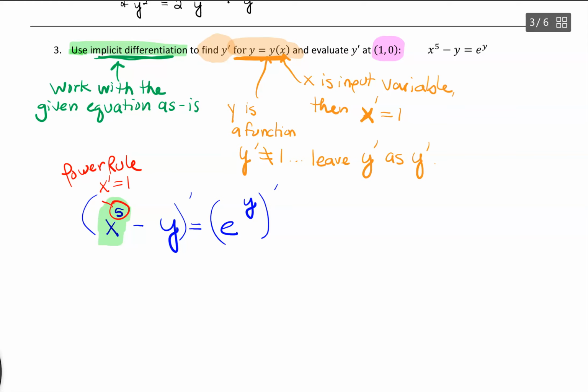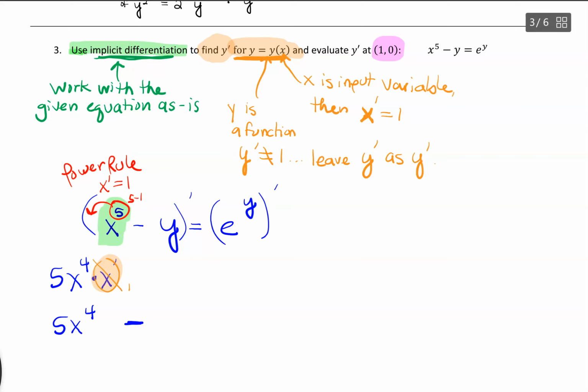So drop the exponent down to the front. Rewrite the base. Decrease the exponent by 1. And technically tack on the derivative of the base. But the derivative of the base is just 1, so I don't need to do that. This right here, that is just a 1.